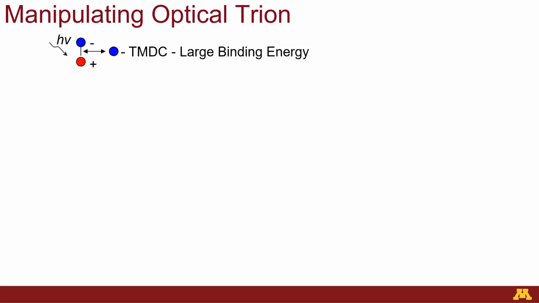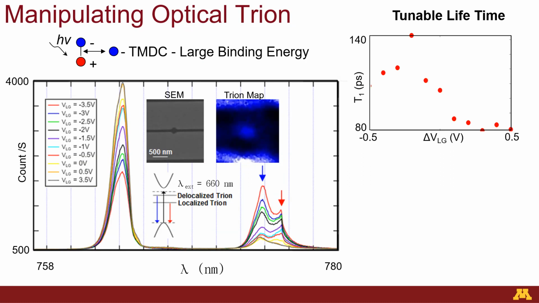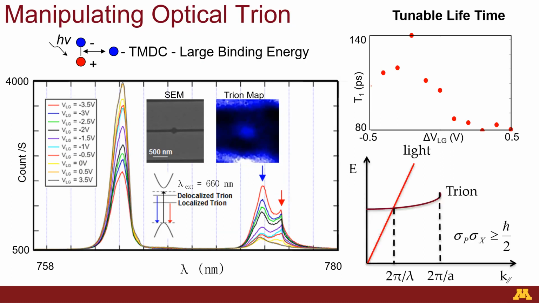In TMDs this is easier to do than in gallium arsenide or silicon because of the large binding energy, and therefore we see these trions. We can confine them and manipulate their lifetime, and it's just an extra degree of freedom that we can use in these TMD quantum dots that we can't in silicon and gallium arsenide quantum dots.